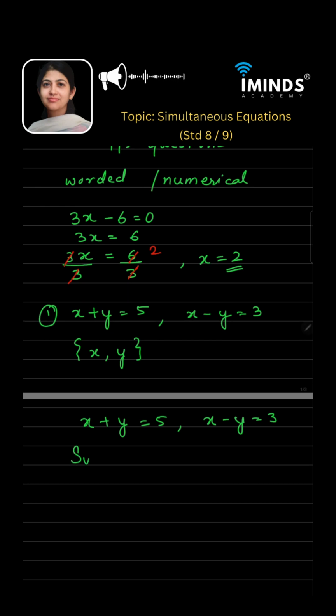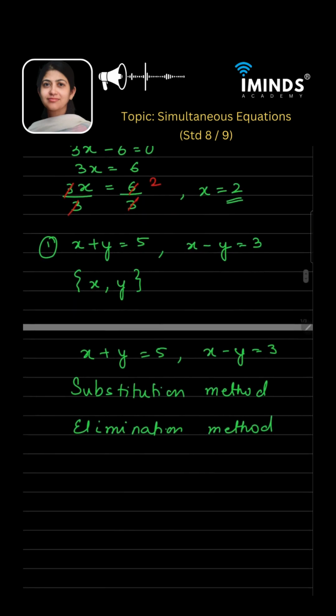One is the substitution method and another is the elimination method. Okay. So now this first example we will be solving by the substitution method. Okay, ये substitution method हम यहाँ use करते हैं.